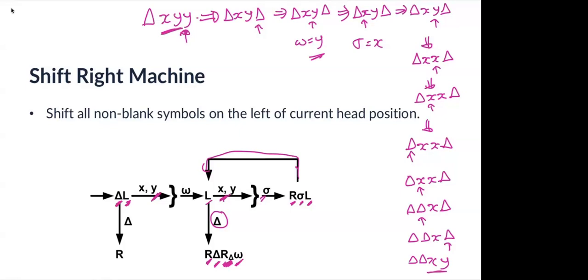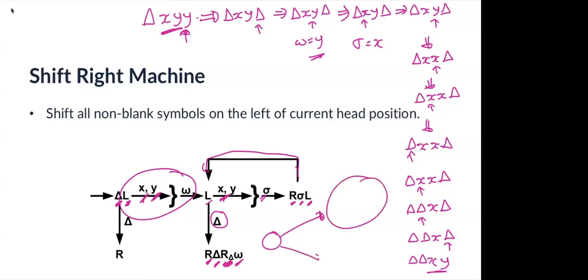But in detail, if you draw the Turing machine, this means you will have combination. That is, if in a state, then you read X, you will go to a machine. If you read Y, you will go to a machine.